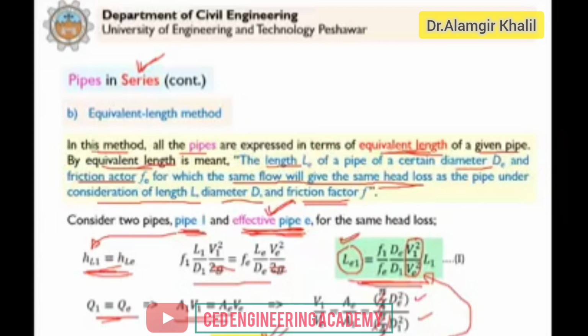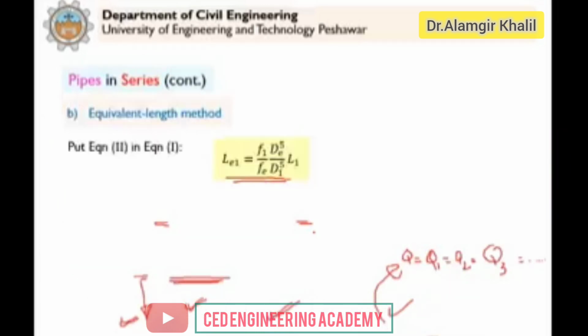Clear? For example, we have 3 pipes given in a problem. The question is, which one will be selected as the effective pipe?